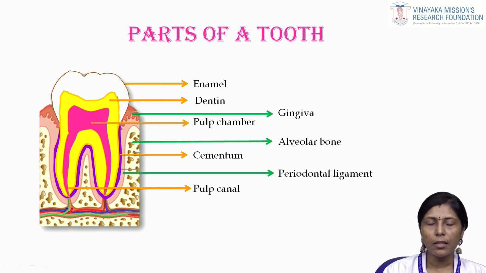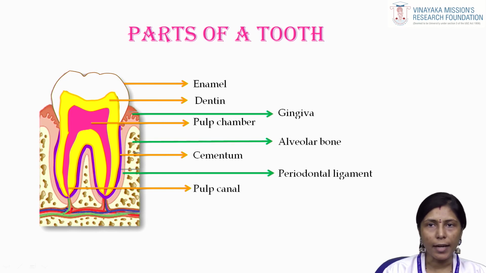So, the structures that you see in the crown portion of the tooth are enamel, dentin, pulp. Likewise, in the root portion, it is cementum, dentin, pulp. The portion of the dentin that is seen in the crown portion, you call it coronal dentin. The dentin in the root portion is called radicular dentin. Likewise, the pulp portion in the crown is termed the pulp chamber and in the root it is called the root canal or pulp canal.